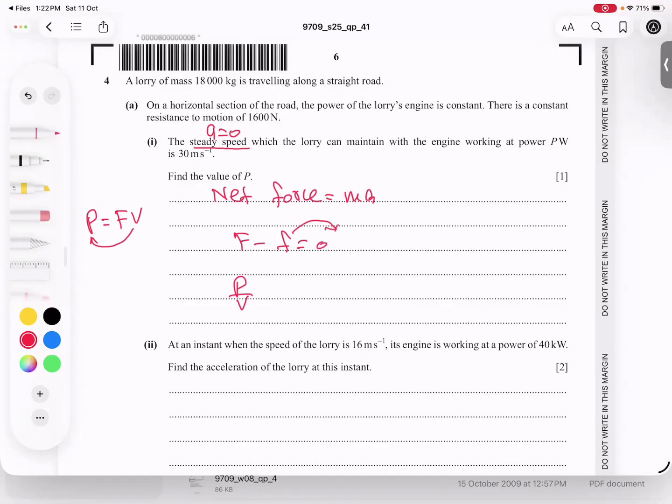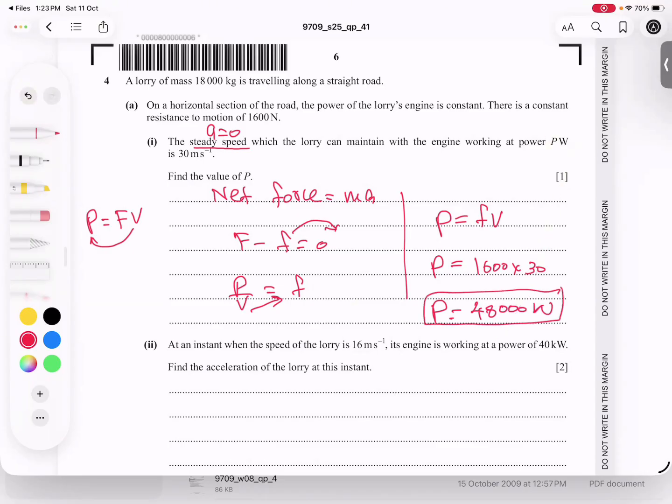So friction will go on the other side. We get this form: P is equal to F times V, where friction is 1600 and speed is 30. So 48,000 watt. Is he asking in watt? So no need to convert it. This is our final answer.